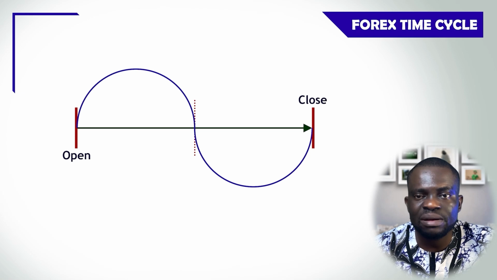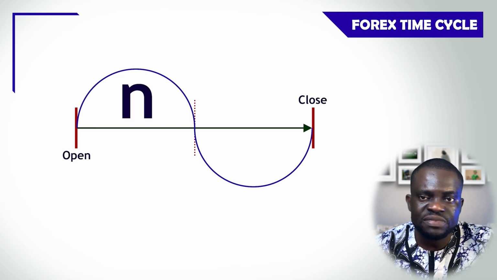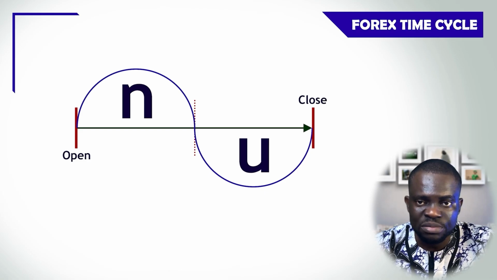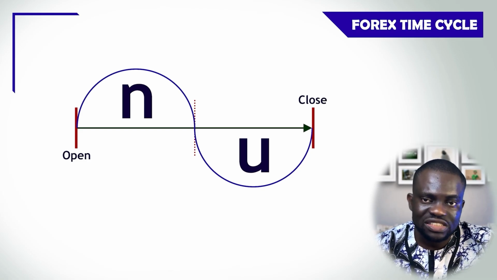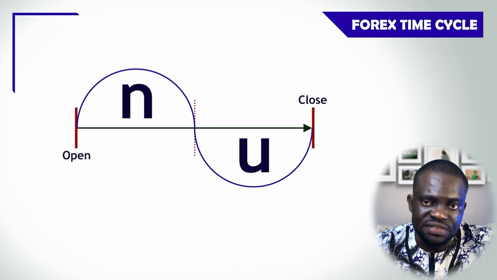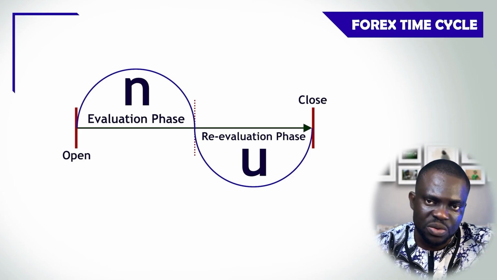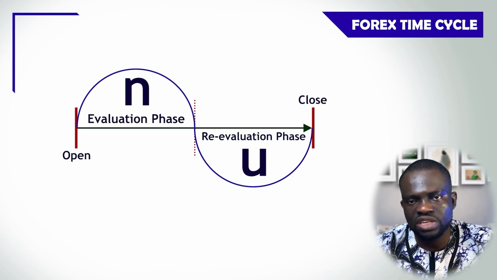In layman's term, we can say the N phase and the U phase, since the shape of the waveform in phase 1 looks like an N and the shape in phase 2 looks like a U. As traders, we call the N phase the evaluation phase and the U phase is called the re-evaluation phase. We will explain more on this in coming lessons.